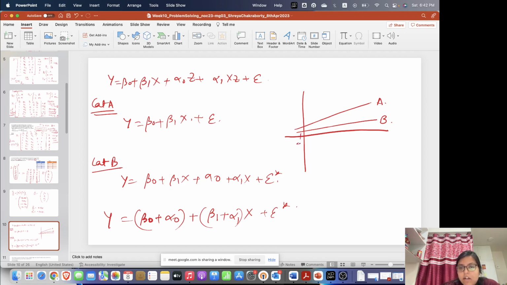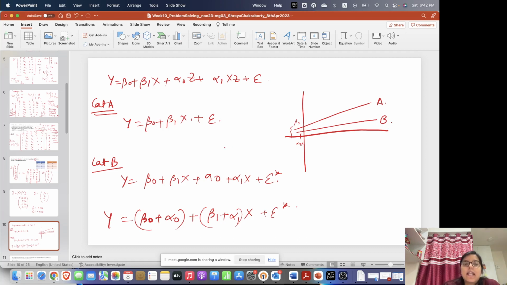This one is alpha naught plus beta 1, and the total thing is beta naught. This point is beta naught, and the slope coefficients also differ for the two categories.